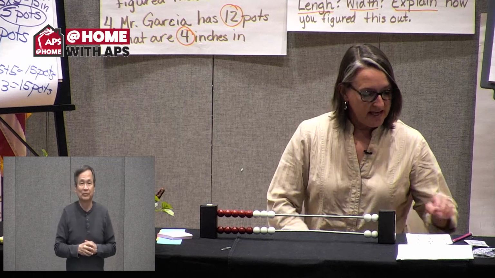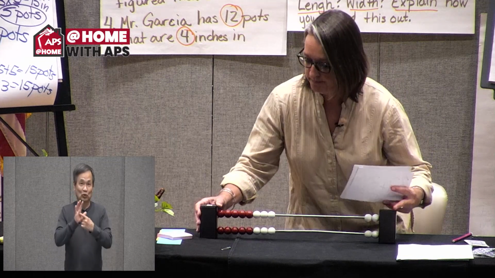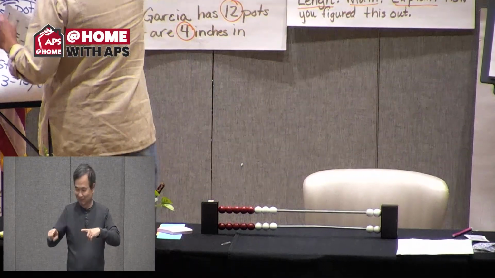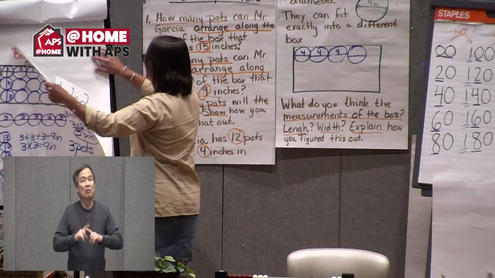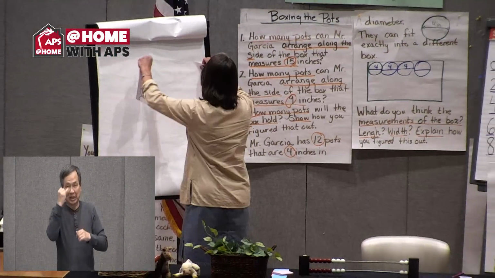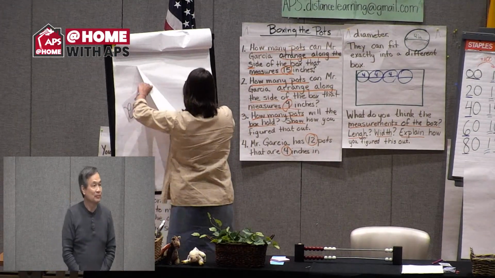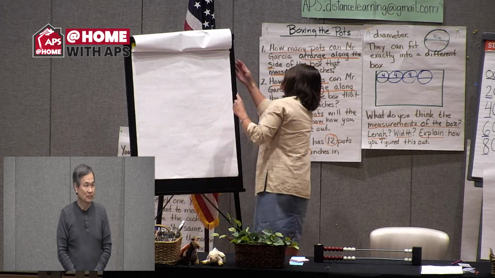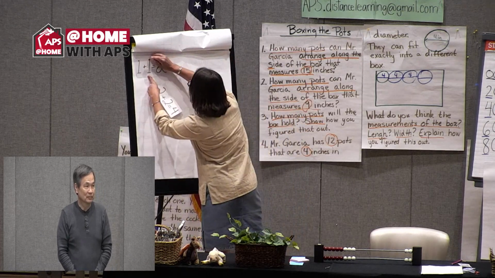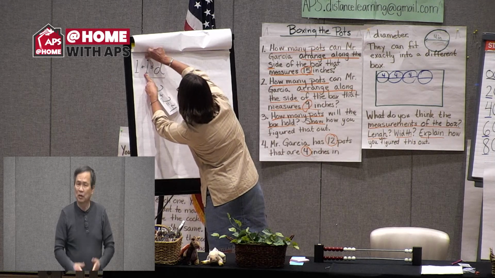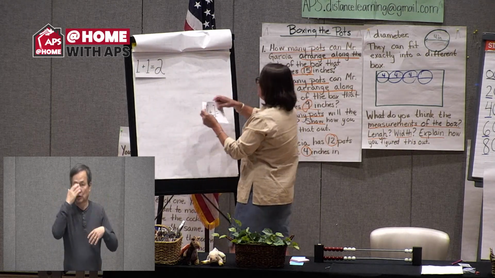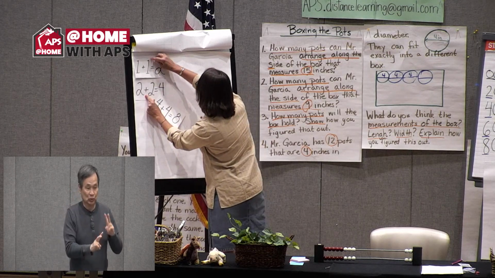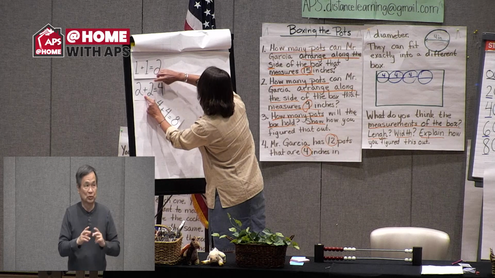Now, we can't double any higher on the bead rack, right? So let's do the rest together here. Right? So these are the problems we've already doubled. 1 plus 1 for 2. 2 plus 2 for 4.